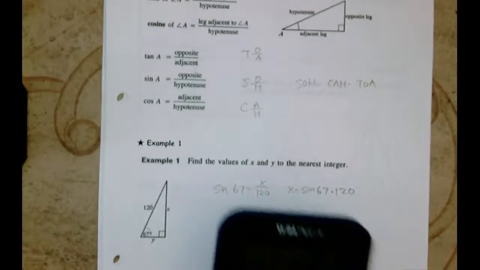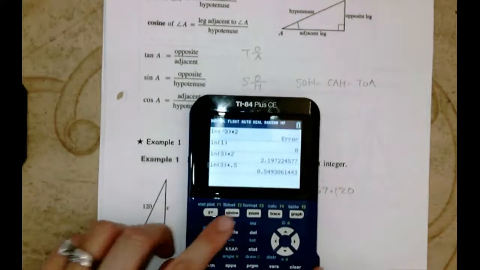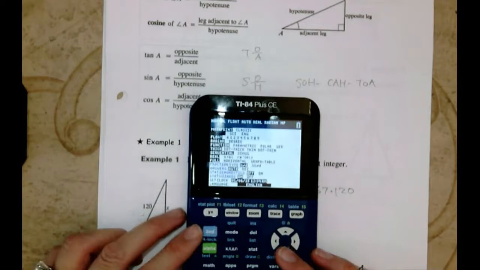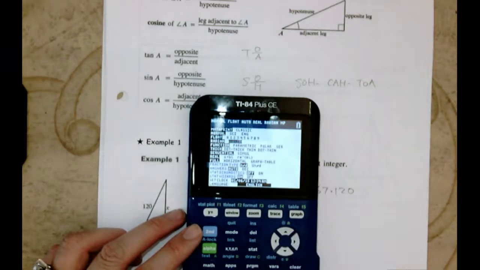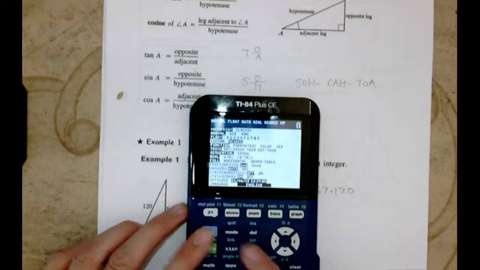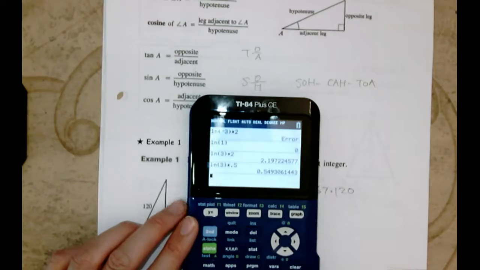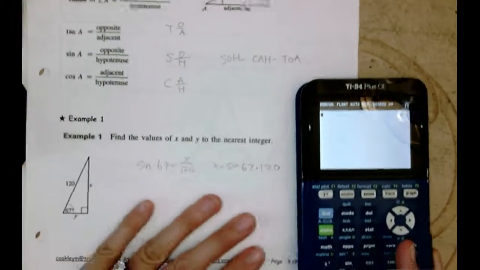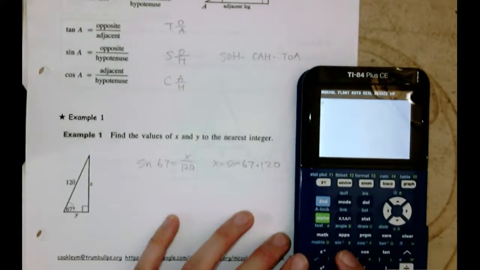So let's go to the calculator and make sure the mode is in degree, not radian. It should be in degree, okay? Second mode to quit. The button right here, the sine button.